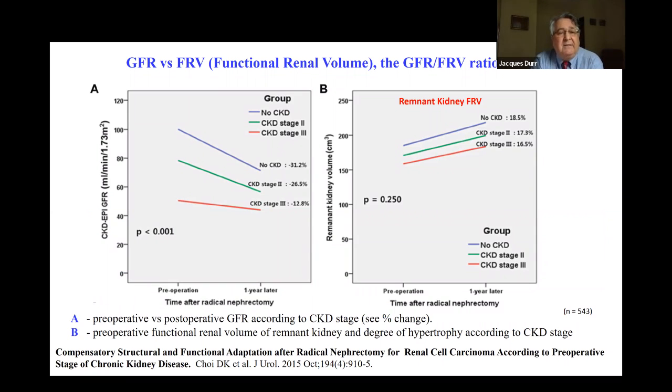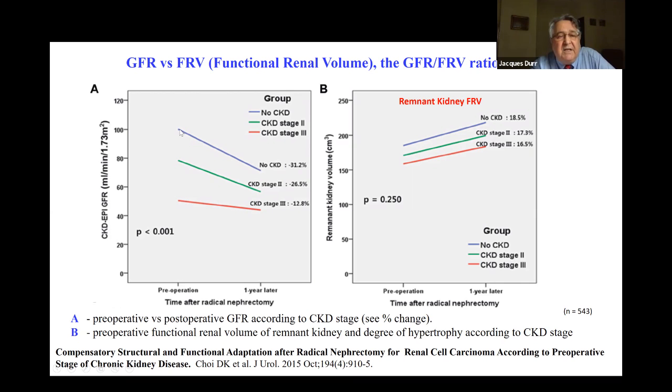Here we are back with the Korean study. This is the same group, about six authors on the article are the same as the previous study I had shown you. This study looked at what the renal volume is after nephrectomy. They looked at the functional renal volume in patients with radical nephrectomy.